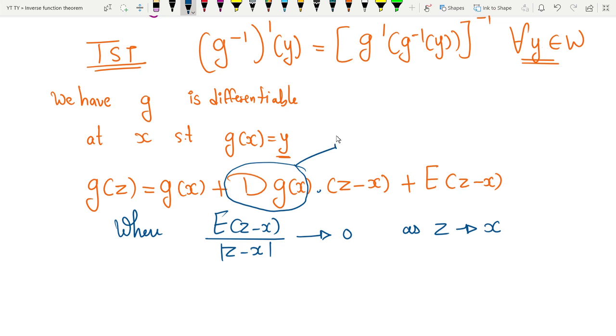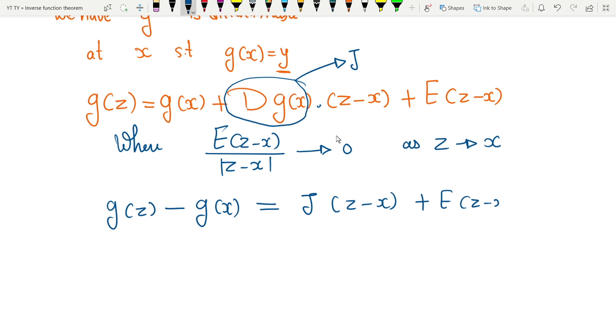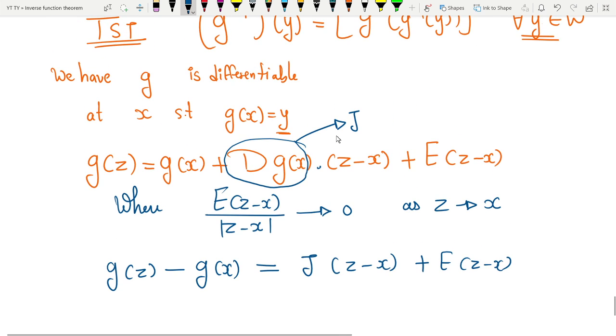I just call this matrix J, so it becomes easier for me to write. I take that G of x to this side. So it is G of z minus G of x equal to J applied to z minus x, plus the error function at z minus x. We know this J is some matrix, not identity, sorry.